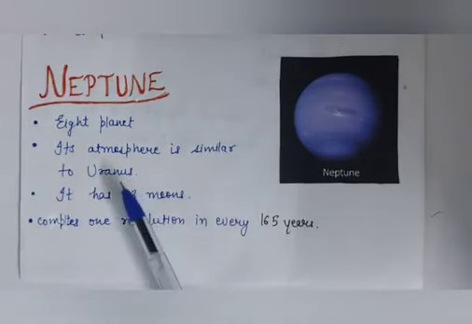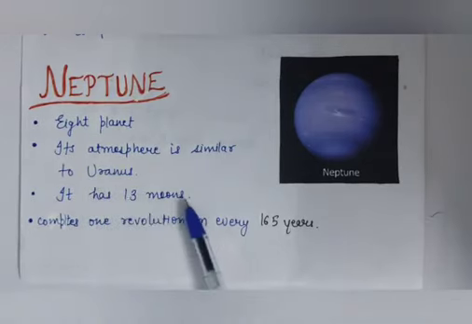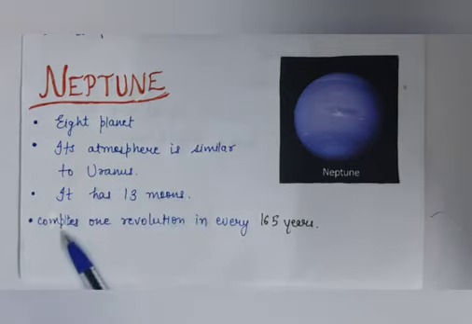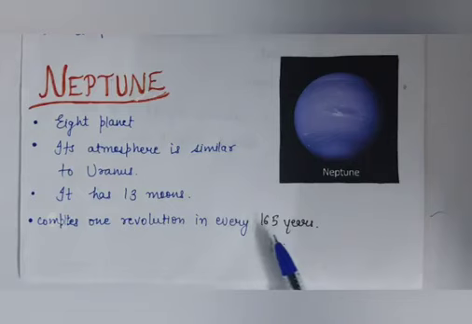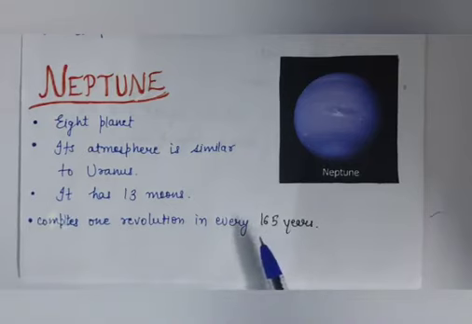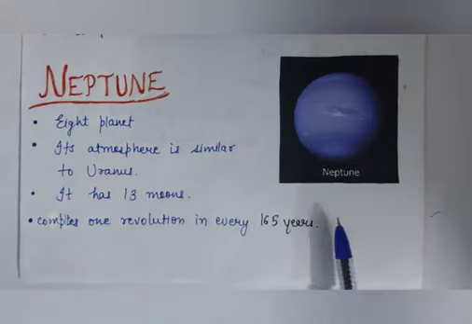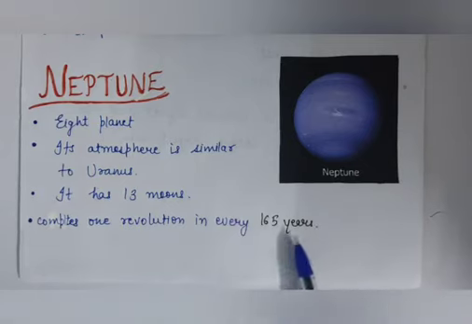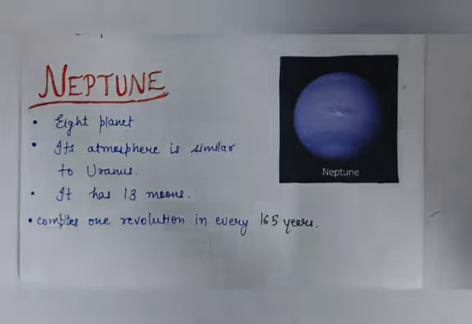It has 13 moons, and Neptune completes one revolution in every 165 years. Because it is farthest from the sun, Neptune takes more time to complete one revolution. So these are the 8 planets of the solar system.